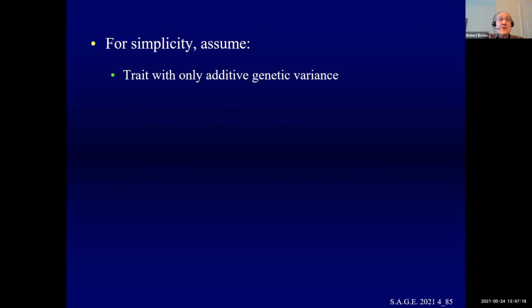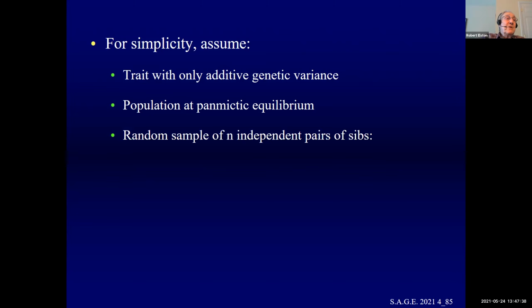We're going to assume the pairs are independent, but we'll find out something else in a minute. We'll specify what we're really assuming in a minute. We assume the population is at panmictic equilibrium, all mixed up, Hardy-Weinberg proportions, all at equilibrium, and no selection, no immigration, and let us suppose we have a sample of n independent sib pairs. Just to make it easy to start off with, n independent sib pairs.